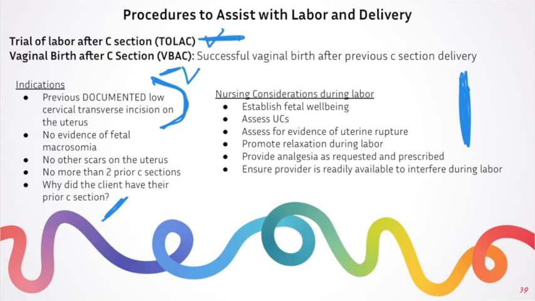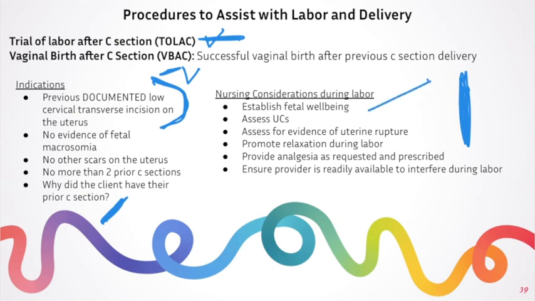Hypertension in pregnancy, CPD, things that are only associated with the mom. So if it's a fetal reason last time, the chances are pretty good they'll be able to have a successful trial of labor. But if it's a maternal reason, like their bones were too small, the bones don't get any bigger. So they might counsel against having a trial of labor. That's why you want to know that.